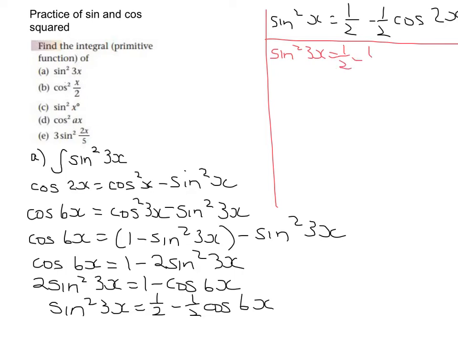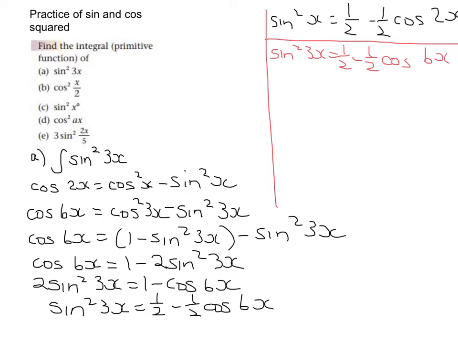It's a half minus a half cos, and I double the x, so 6x, which is what I've got down there. So you can learn that. So what I'm saying is, if this was sine squared 10x, then this would be cos 20x. Okay, you just double it.